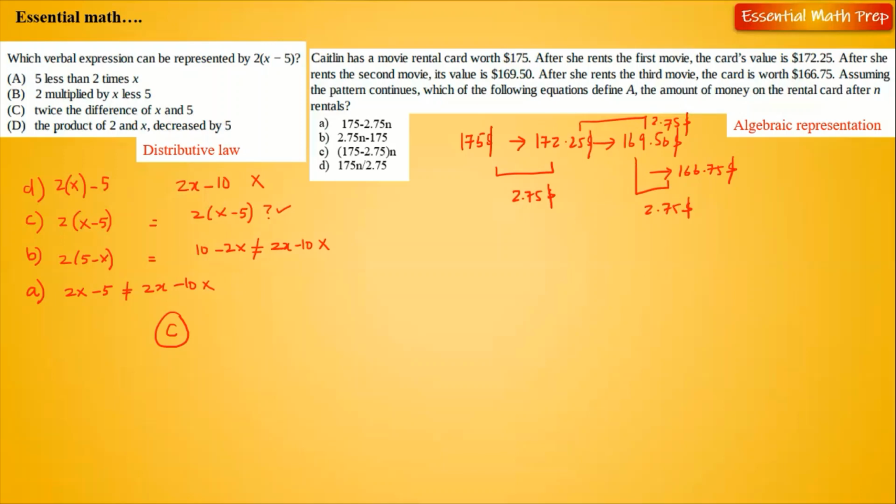So the basic purpose is, unlike the problem we did earlier about the salesman, here the base price of $175 cannot be carried over because it's decreasing.